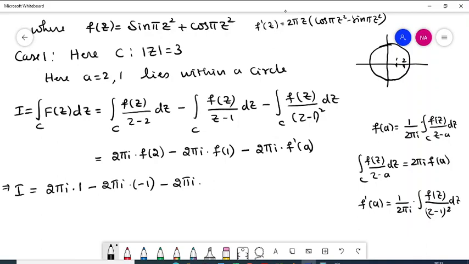Now z equal to 1, so it will be 2 pi into cos pi, minus 1. Sorry, cos pi is minus 1, z square will be plus 1, so cos pi minus 1 into 2 pi. So minus 1 into plus 2 pi, you get minus 2 pi.